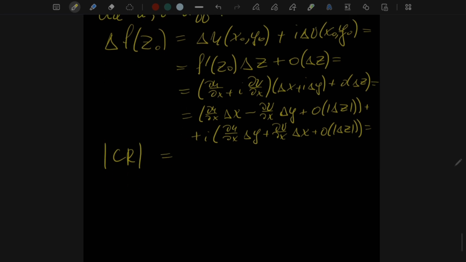Now, by using the Cauchy-Riemann equations, let me make a little cloud for them, I can rewrite here dv by dx as negative du by dy, and du by dx as dv by dy. So let me rewrite everything.